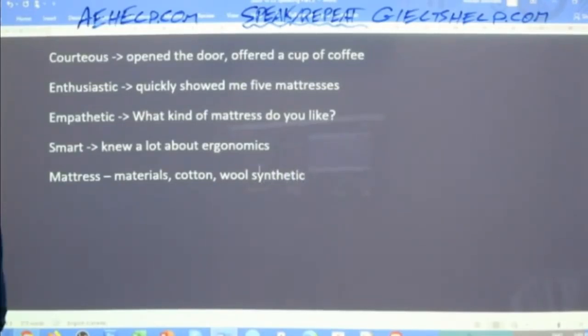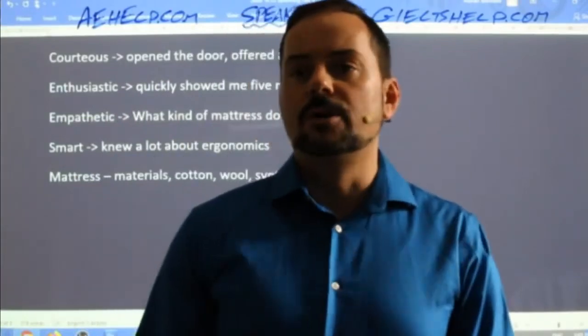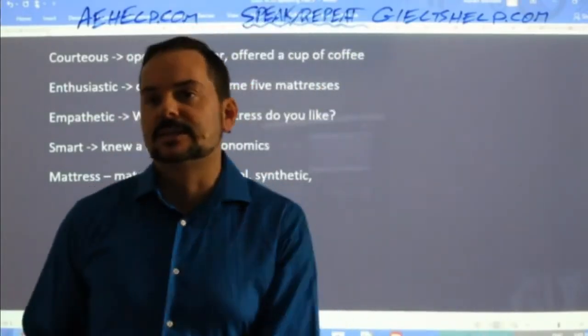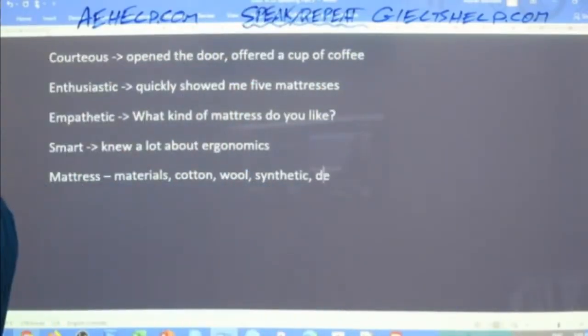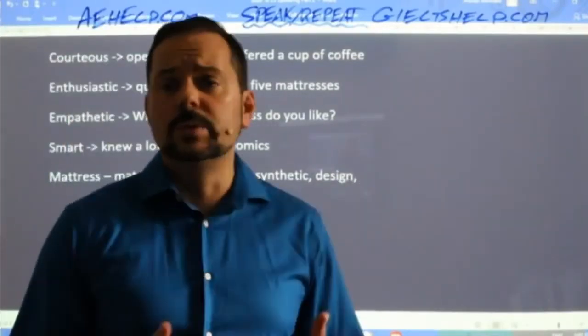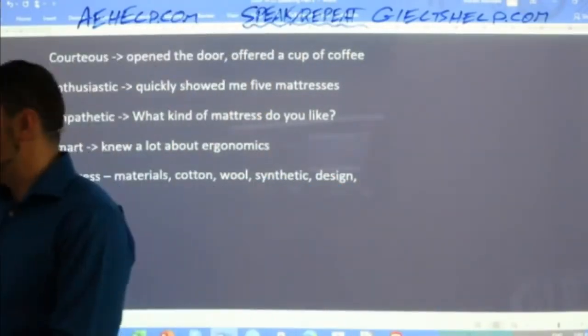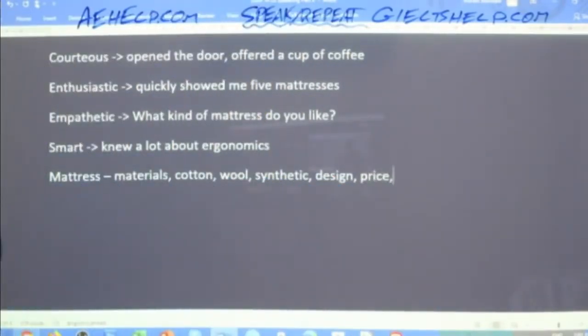Cotton, wool, synthetic, silk, gel, lots of different materials. Orthopedic. Jaineel says design. This is where you can really pick up a lot of lexical resource marks. Layers, price range, very good.